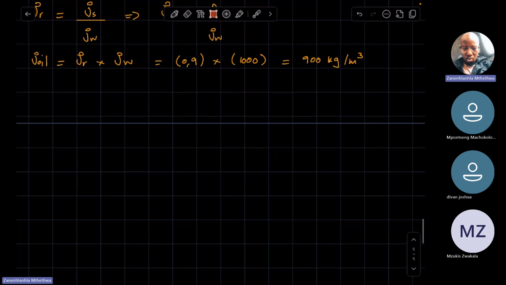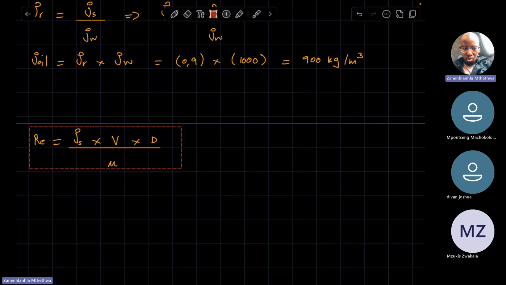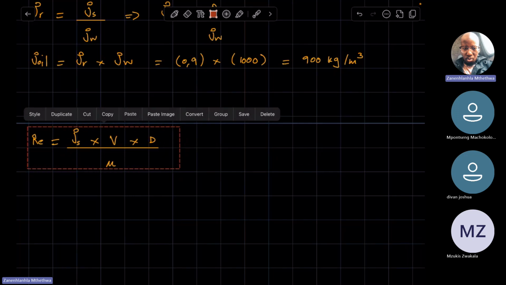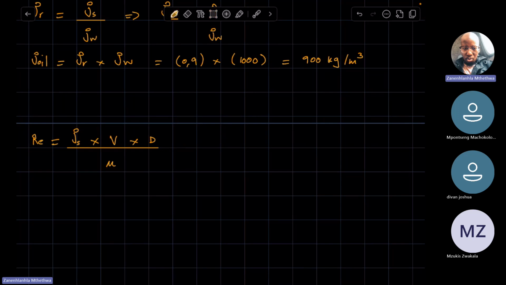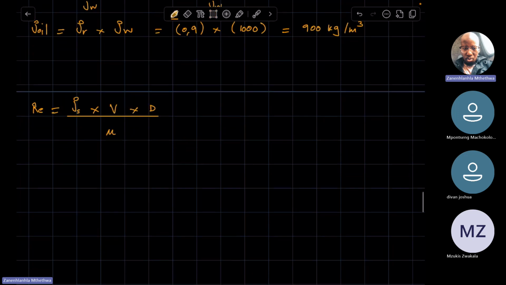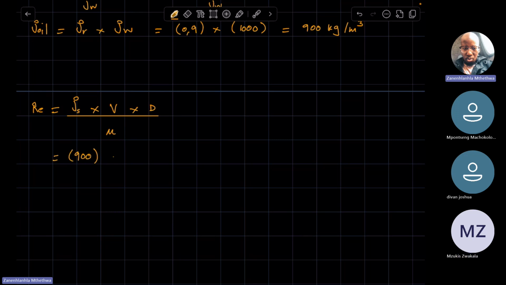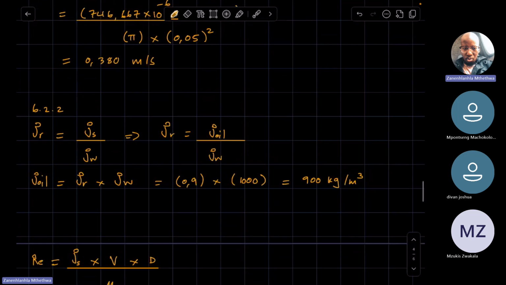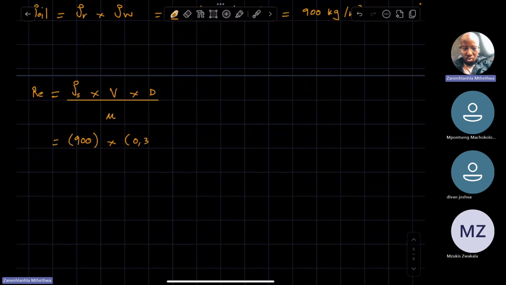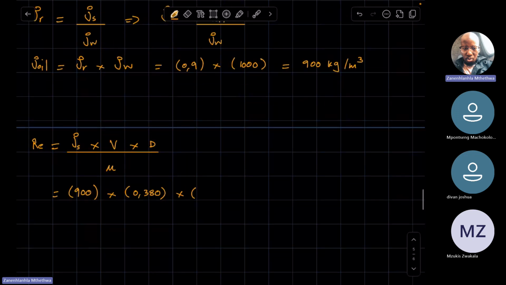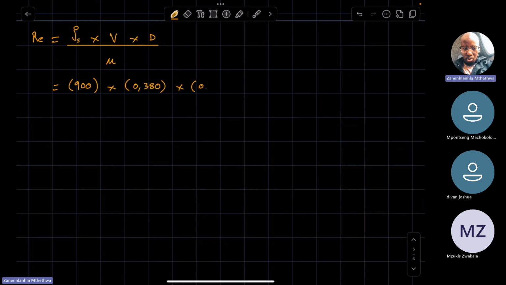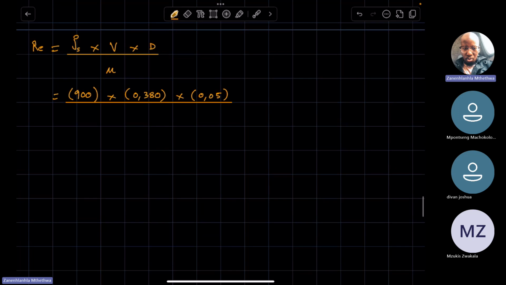Once you have the density of the substance, now you can calculate the Reynolds number. This will be equal to the density of the substance, which is 900, the velocity, 0.380, the diameter, 0.05, divided by the 0.012.